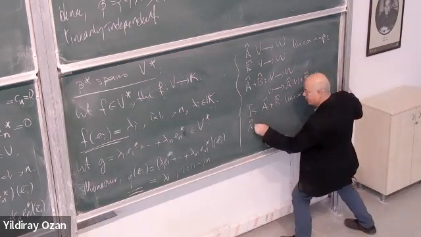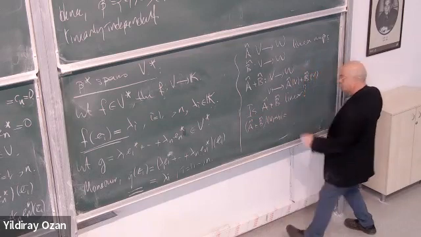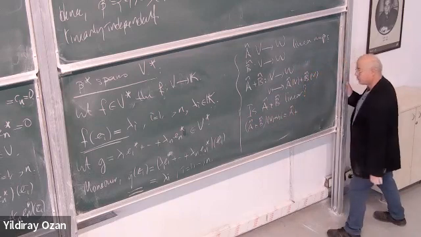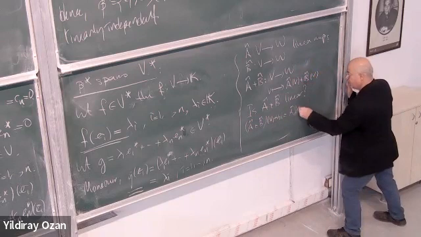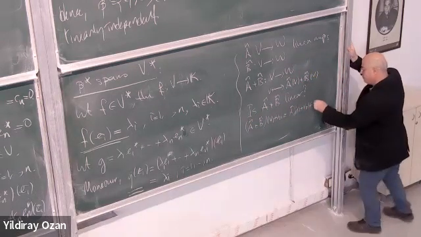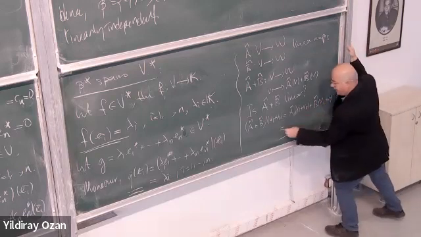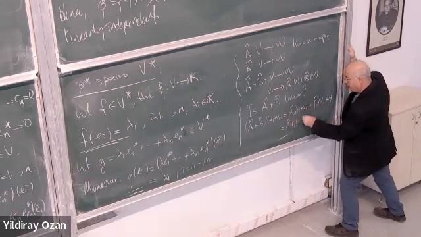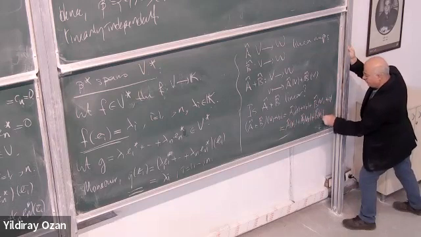A hat plus B hat of V1 plus V2. Well, by definition, it's just A hat of V1 plus V2 plus B hat of V1 plus V2. But since A hat is already linear, it's A hat of V1 plus A hat of V2, and then B hat of V1 and B hat of V2.